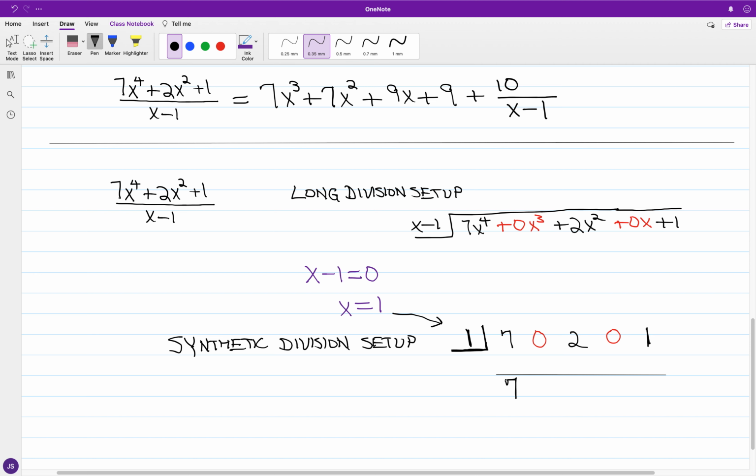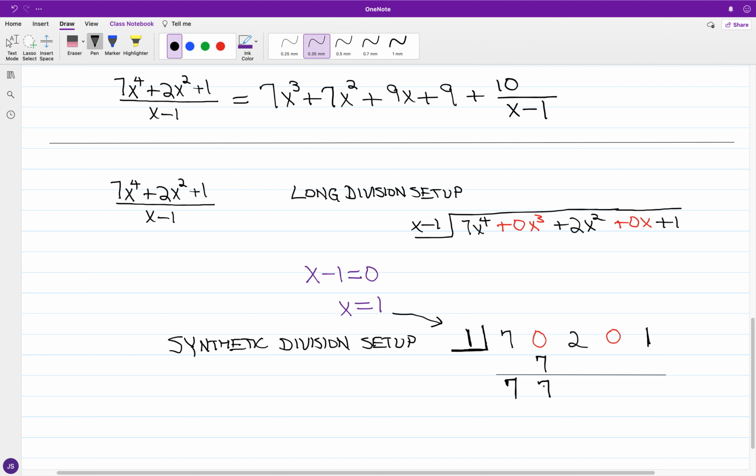So 7 is brought down, and then it's multiplied by the 0 that is isolated. So 1 times 7 is 7, which is brought over to the next column, and we add the values together. Bring down 7, 1 times 7 is 7, 0 plus 7 is 7.